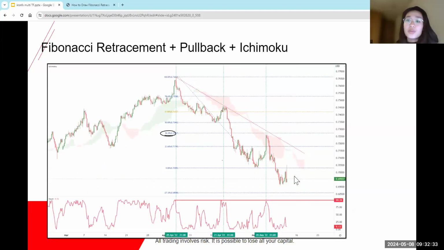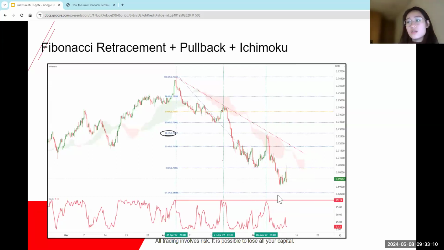Next, we pull out our stochastic, and you can see our stochastic is moving in a hidden resistance level. Hidden resistance is basically when we have this horizontal level, but where the levels match up on our price chart, it's actually making a lower high, in the sense that it's moving in a descending resistance line.